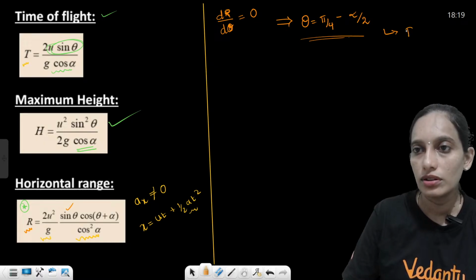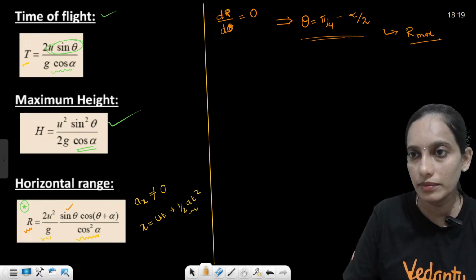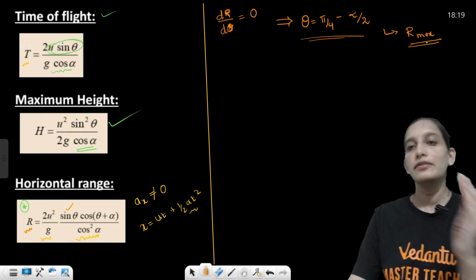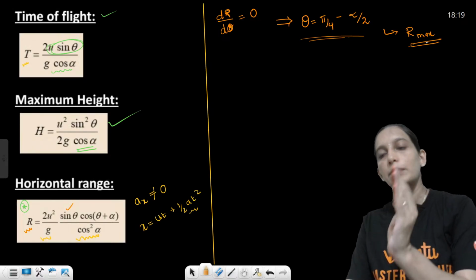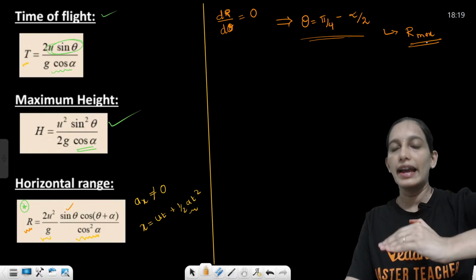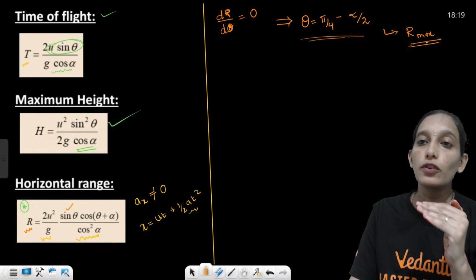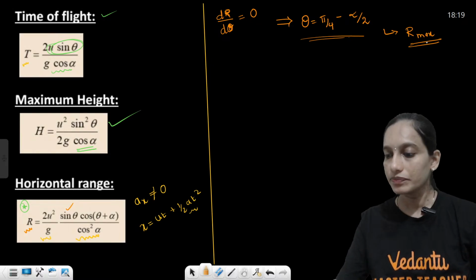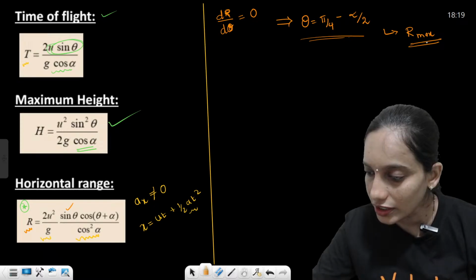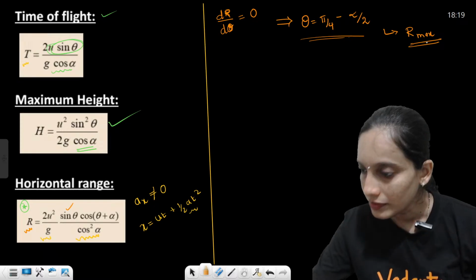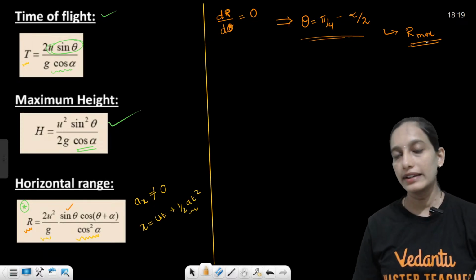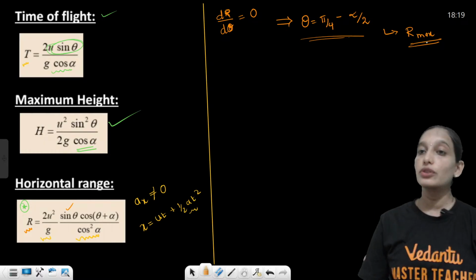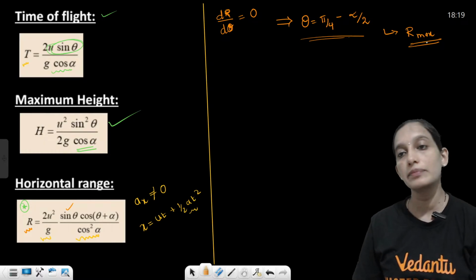So this is when range becomes maximum. But here it is not pi by 4, it is some angle theta smaller than pi by 4, that is pi by 4 minus alpha by 2. Okay, so if you know this condition, that's enough, right? Yeah, pi by 4 minus alpha by 2 is going to give us the maximum range.